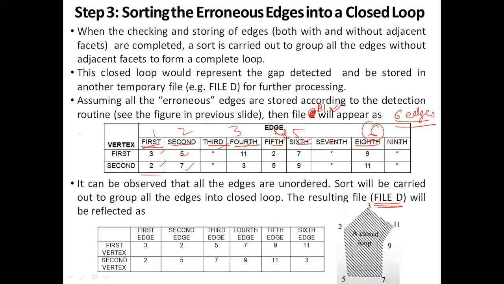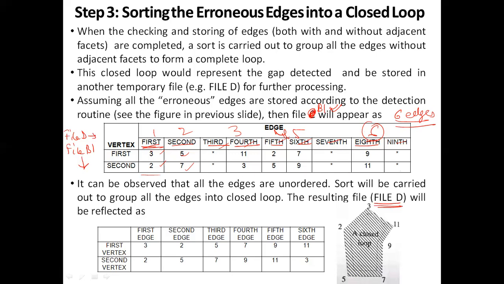This is file D. So you will create a new file D, which will actually come out from file B1. And what it will actually be doing is creating a structured order of the edges. Now, how do you create the structured order of the edges?